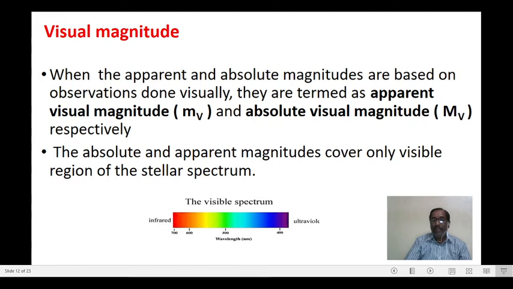The absolute and apparent magnitudes cover only the visible region of the stellar spectrum. So here we study the magnitudes for the radiations which fall in the visible spectrum only.